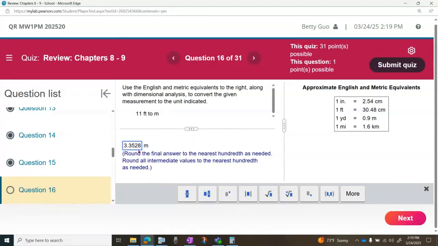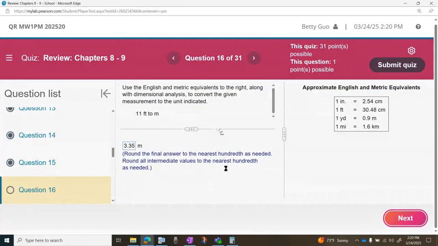Round the final answer to the nearest hundredth as needed. Round all intermediate values to the nearest hundredth as needed. So we need to keep 2 decimal places. That means we're gonna get rid of that. 3.35. Yeah, rounding is also important in chapter 9. You have to do what the system asks you to do, otherwise you just lose the point. Yeah, good. You did great. Next.